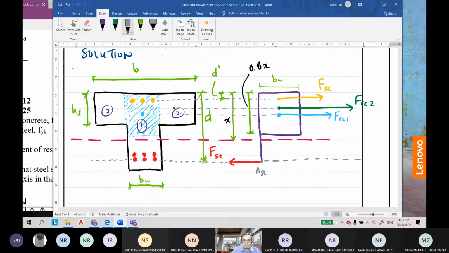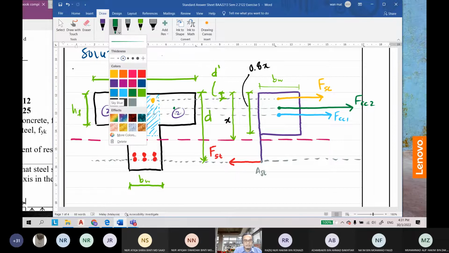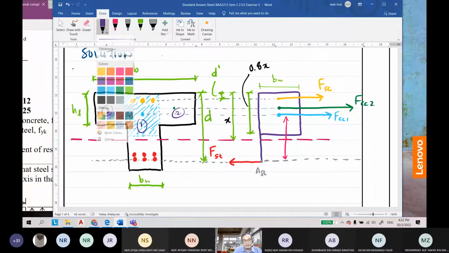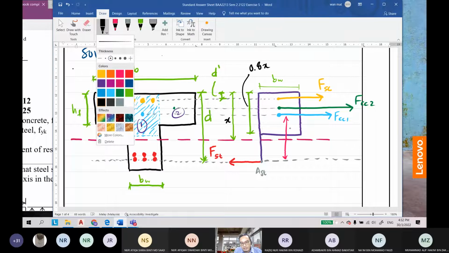To get the moment we must multiply FCC1 by the distance, let's say Z1 now.